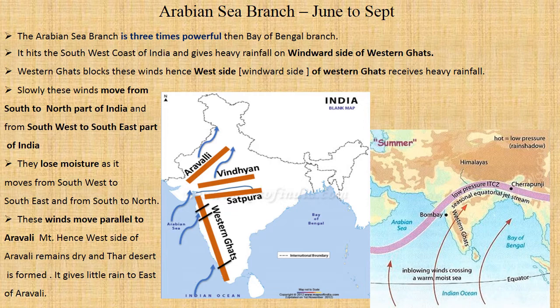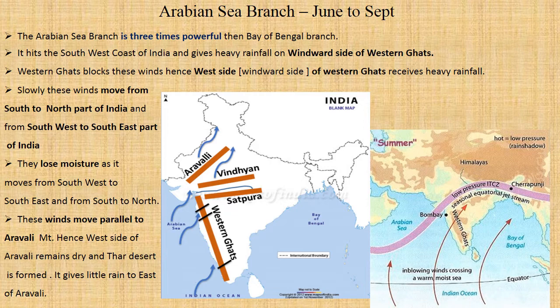The Western Ghats block this Arabian Sea branch perpendicular, and that's the reason the west side of the Western Ghats, that is the coastal region, the southwest coast, will receive heavy rainfall from the Arabian Sea branch. I'll repeat, the Arabian Sea branch hits the southwest coast of India perpendicular.